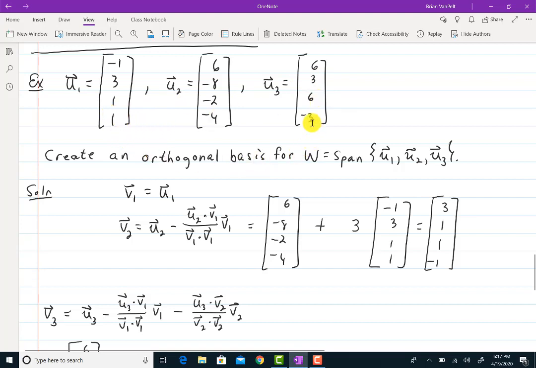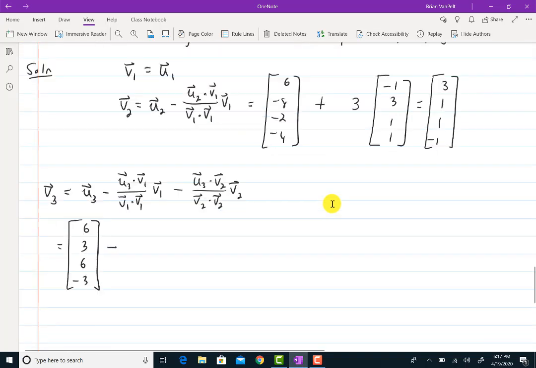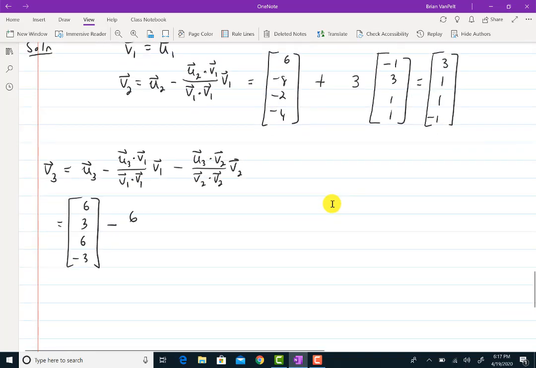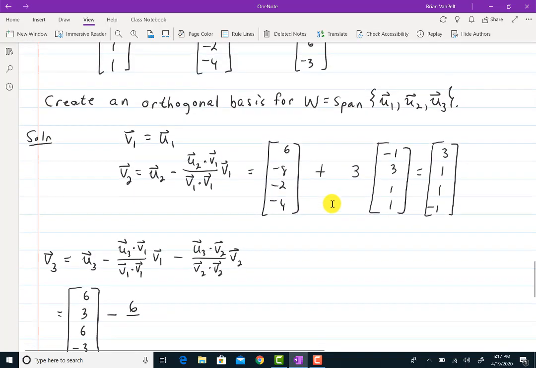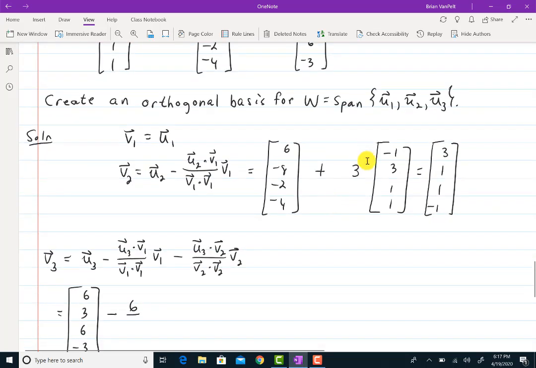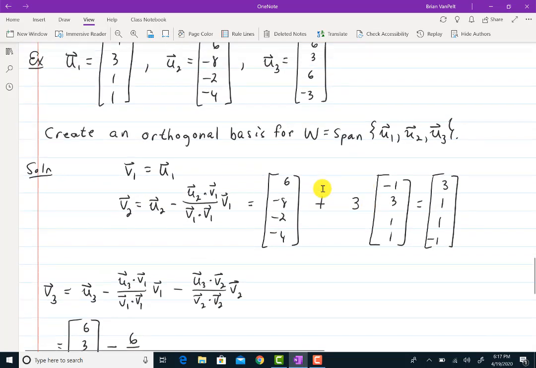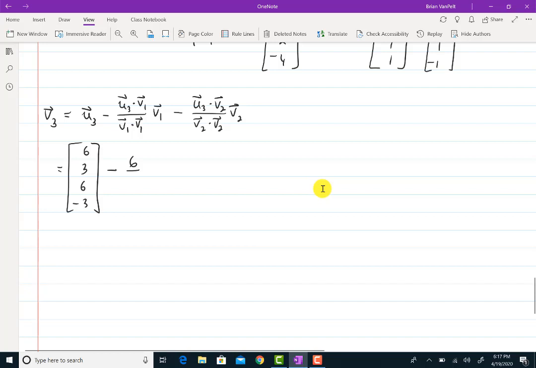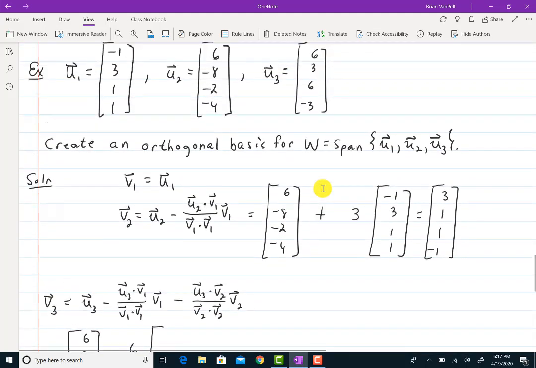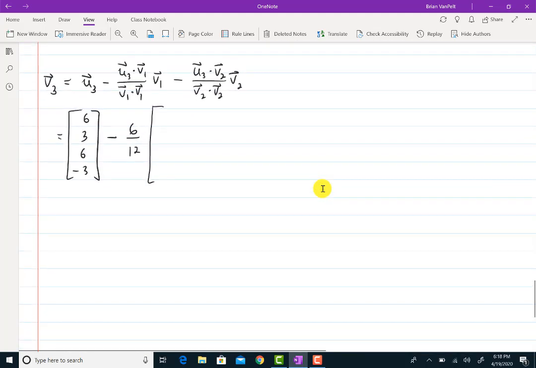Then minus 3 gives me 6 again. Now V1 dot V1 was over there somewhere. I got rid of it, but I believe it was 12. Yes, it was 12. And then V1, which was U1: negative 1, 3, 1, 1.